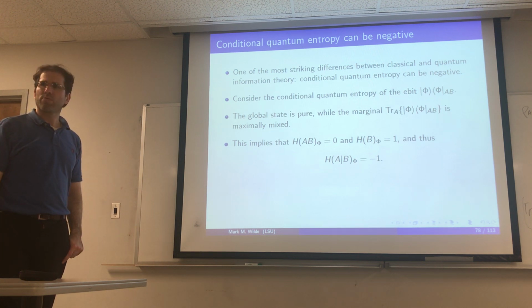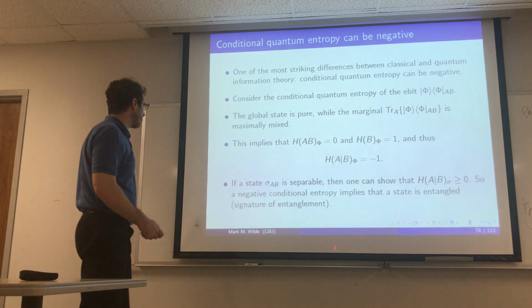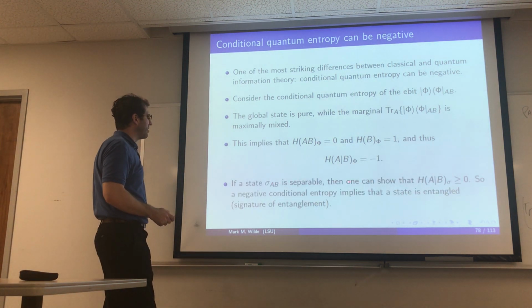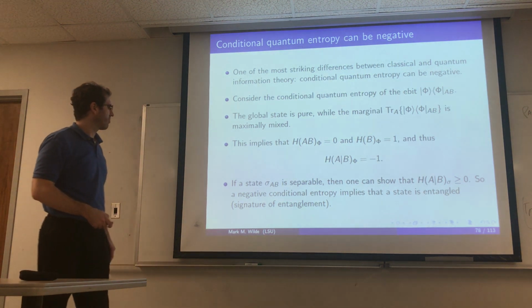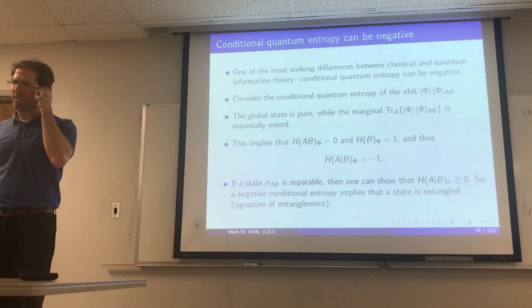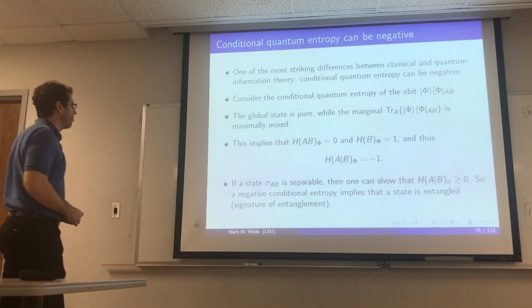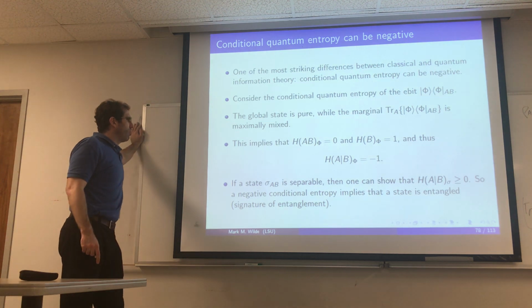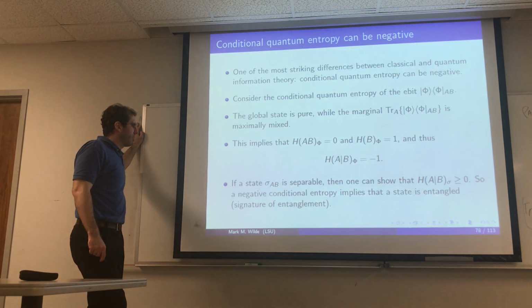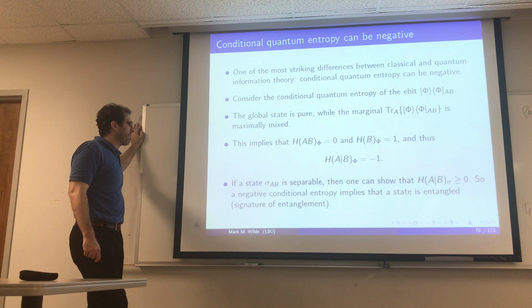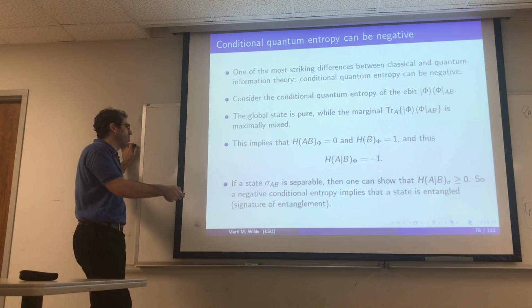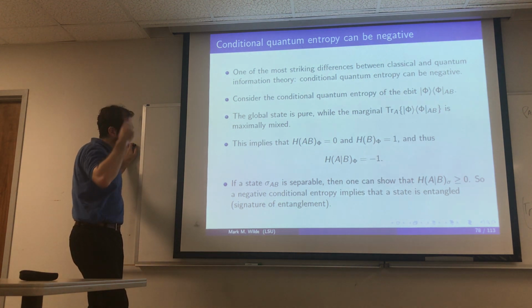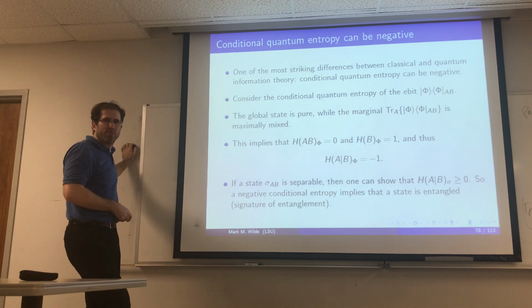If the state's not entangled, then you can prove the conditional entropy is always non-negative. That's a calculation you can do. You need a tool called data processing, and then you can do it. It's not so bad. So what does this say? If the state's separable, the conditional entropy is non-negative.